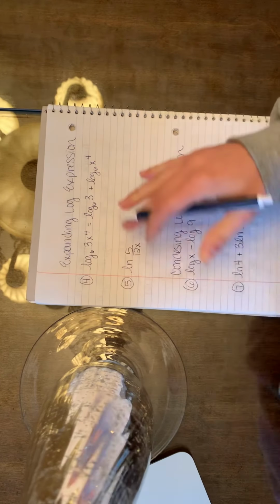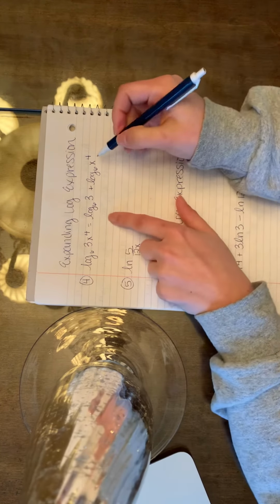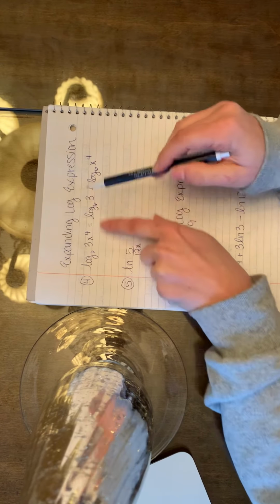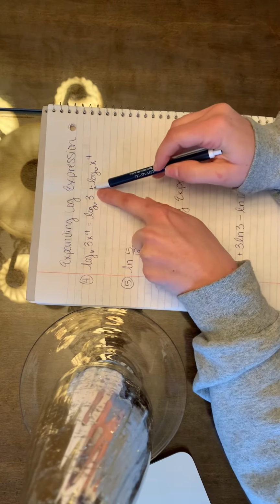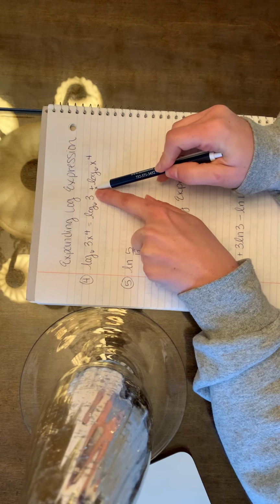That's one expansion. We're fully expanding this by using our 3 properties that we were just doing. So we're using addition because we had 3 times x to the 4th. When you have multiplication, you add.